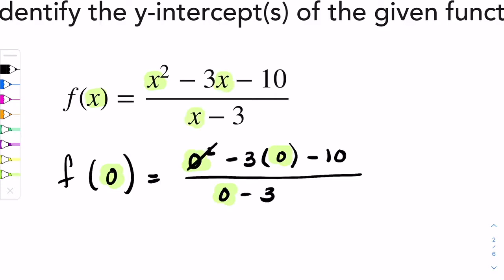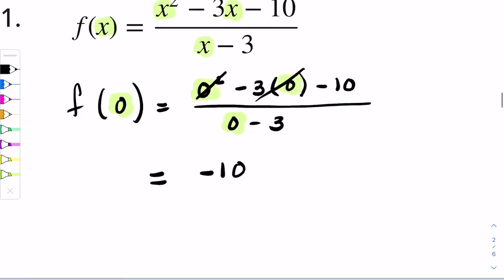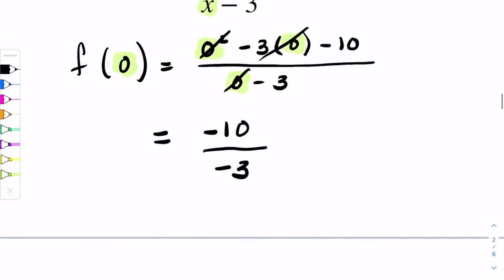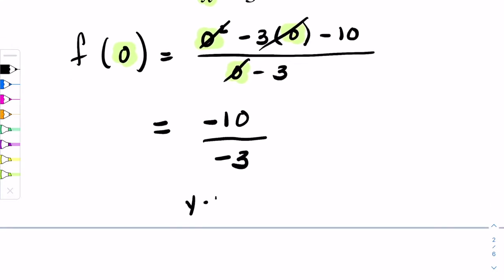This simplifies to 0 minus 10 over 0 minus 3, which is -3. So in this example, our y-intercept is at 0, 10 over 3.